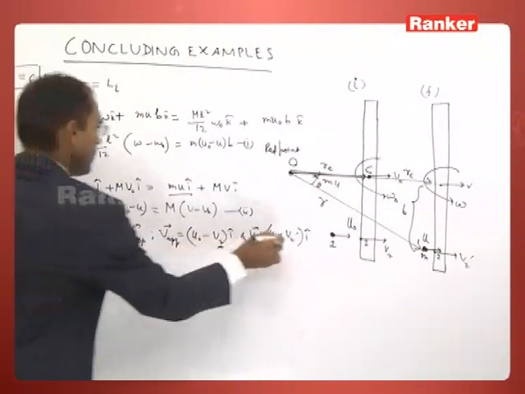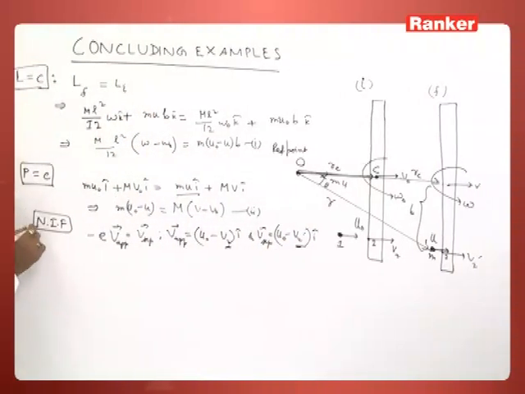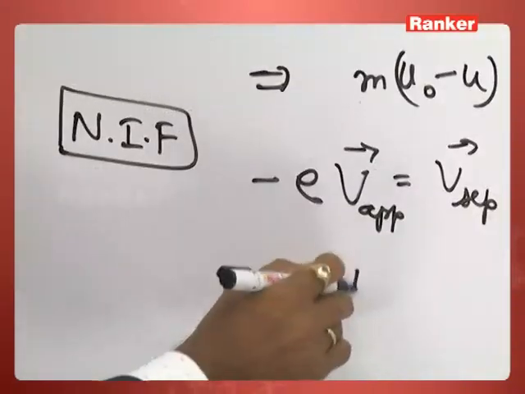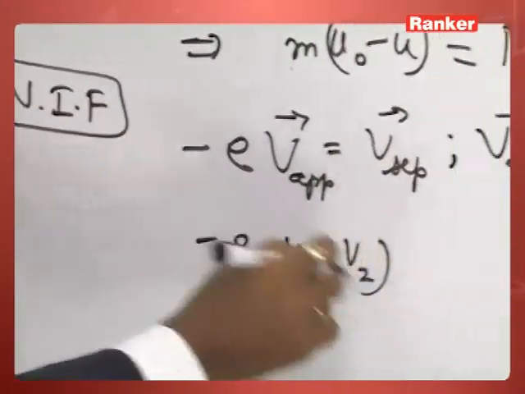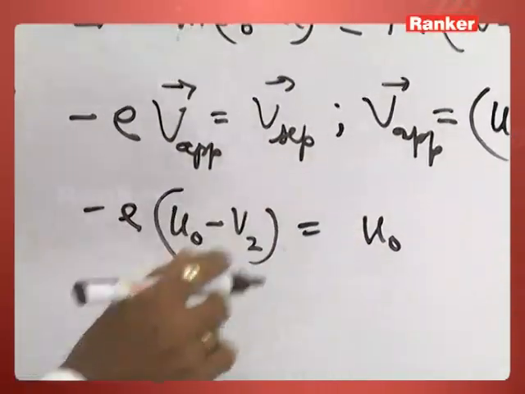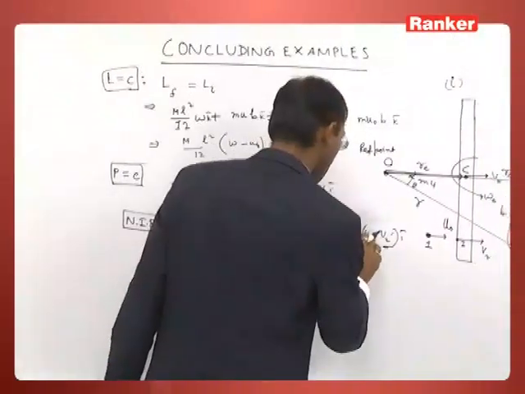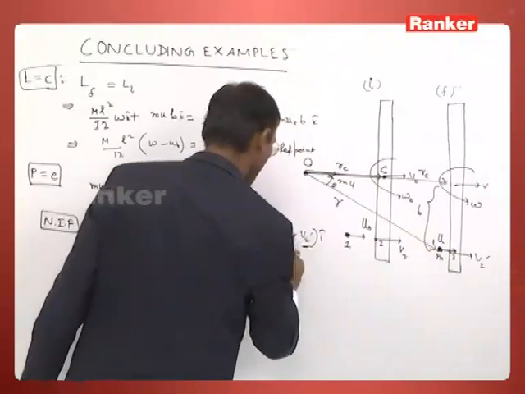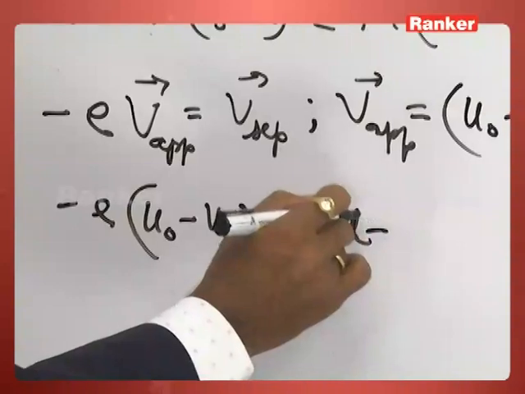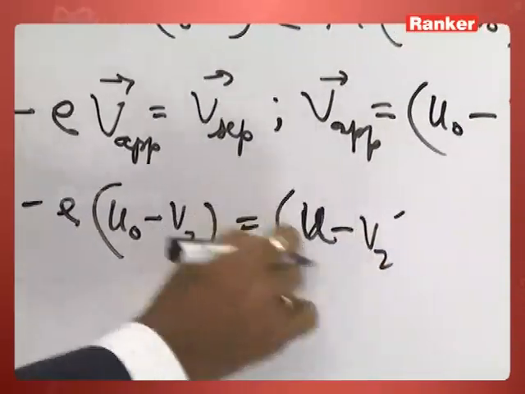So we can write minus e into u naught minus v2 is equal to u minus v2 dash.